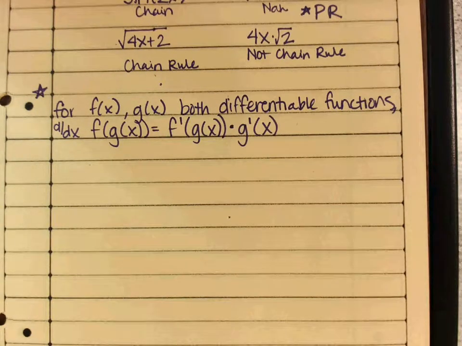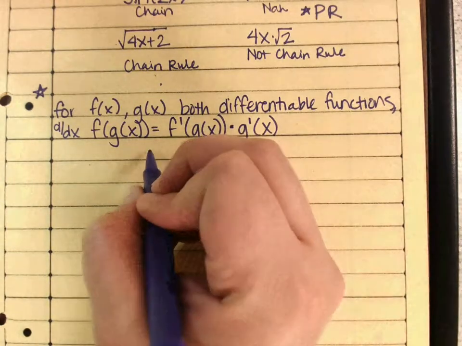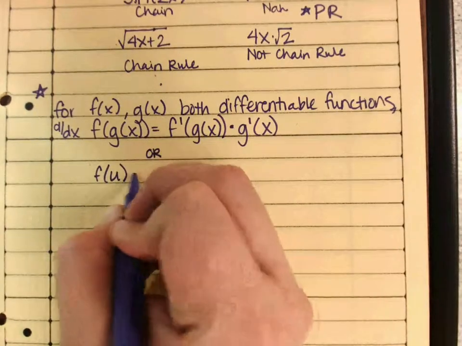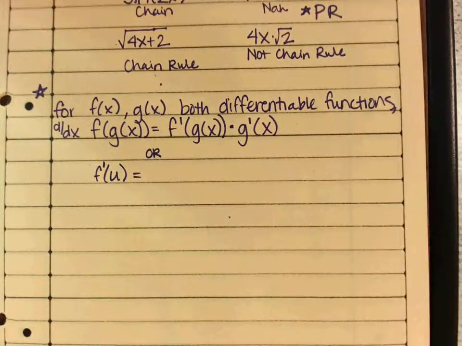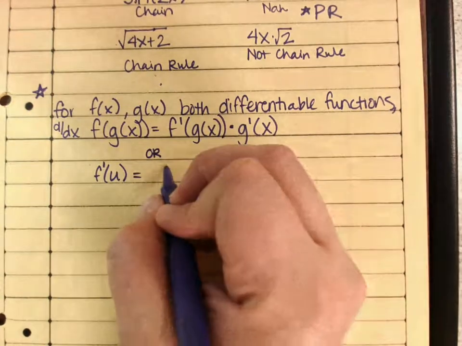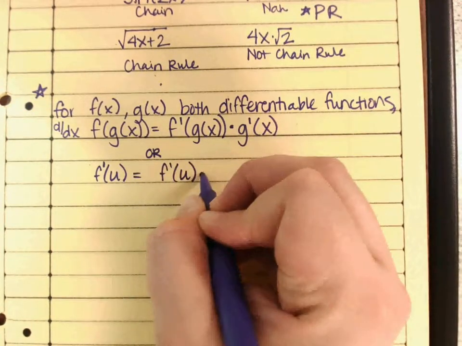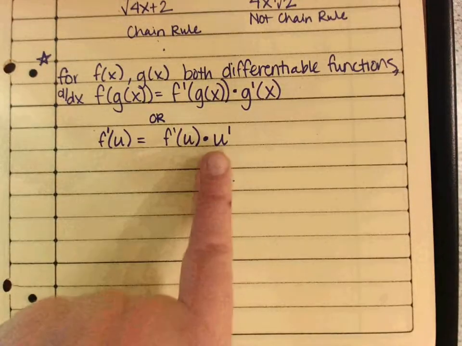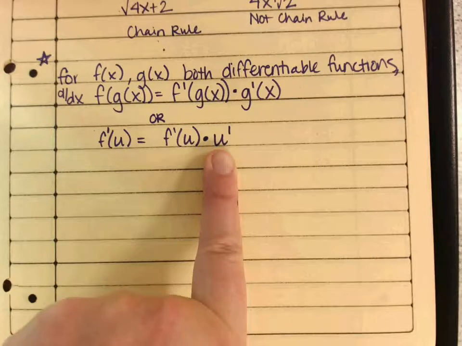To make the notation a little bit simpler, I'm going to replace g with just a u. So the derivative of f of u would be f prime of u times u prime. This is the notation that I'm going to typically use in class.